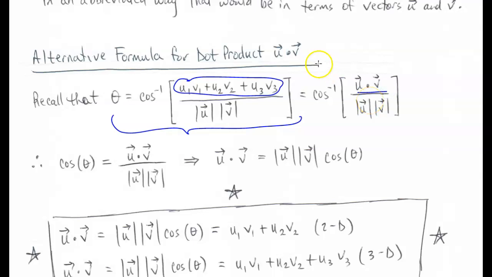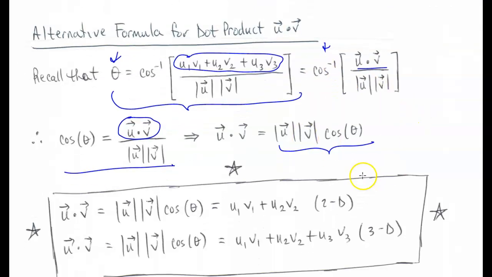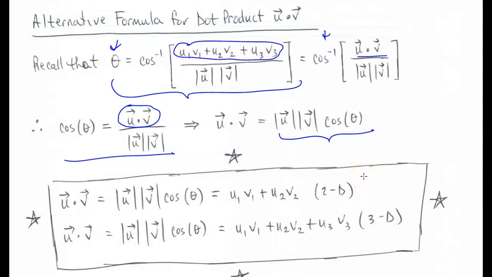Okay. Now, if I take the cosine of both sides here, I will get this equation. And if I solve for u dot v, then notice here that that is just the product of the magnitudes of both vectors u and v times cosine theta. Okay. And so my point here is that this is an alternative way to be able to express the dot product of vectors u and v in terms of the angle at which those two vectors make with each other.